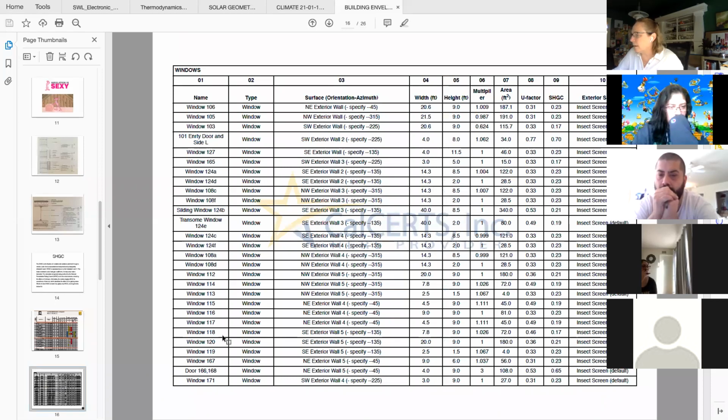They list every single window and the size, which is the area of your window. And then you've got your U factor and your solar heat gain factor. This is going to be your performance criteria for that window as part of your load calculations for your building performance.